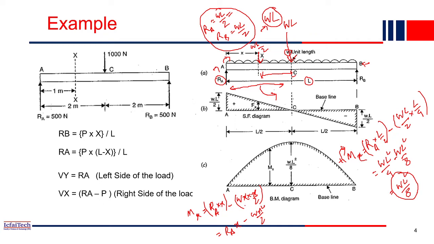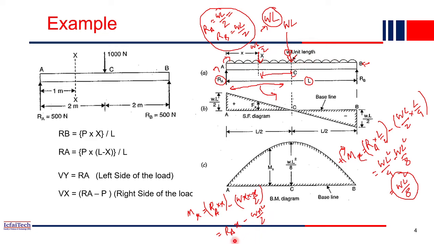How did we get wx? W is the UDL acting over this portion, and we take a section at a distance of x. The total load is W into x, multiplied by the distance to the CG, where the load is acting. The load acts at the center, at a distance of x by 2, so it is multiplied by x by 2. This is the moment equation for this beam.